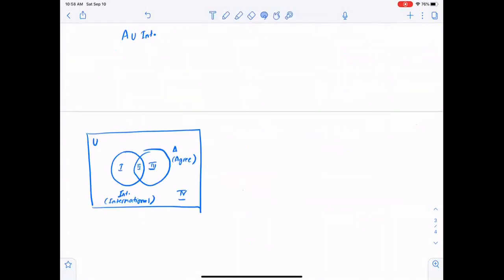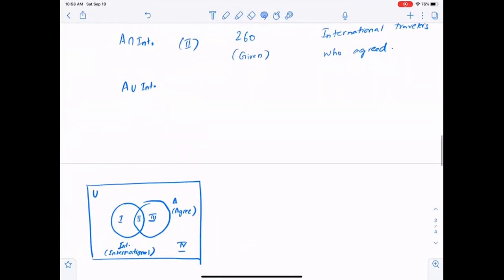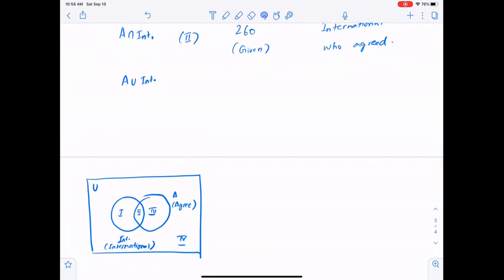So we are going to go with the picture here. Now we have regions 1 and 2 that would correspond to international travelers. So the middle part is the part that corresponds to international and agreed.